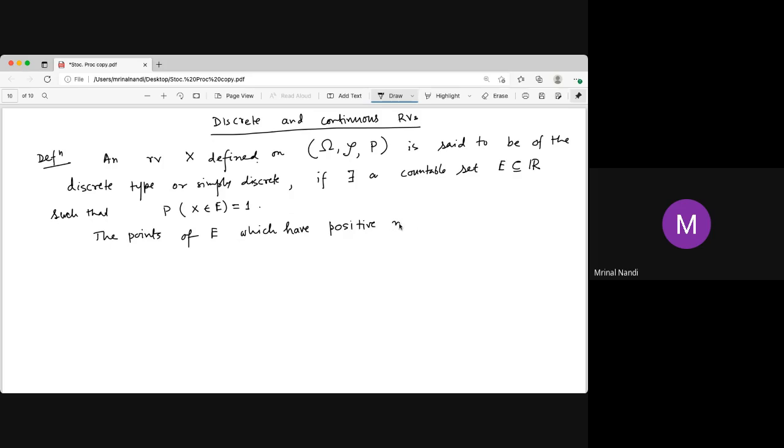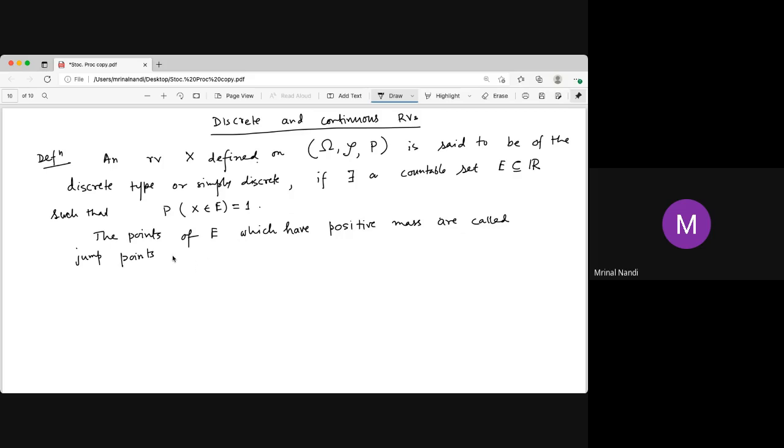The points with positive mass are called jump points. These are called jump points, and their probabilities are called the jumps of the distribution function.